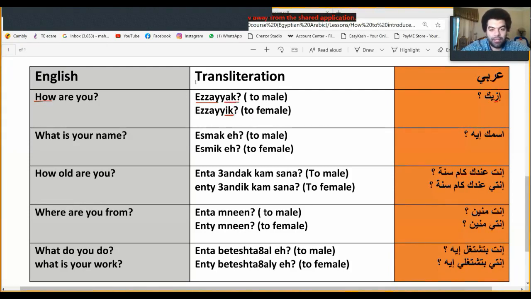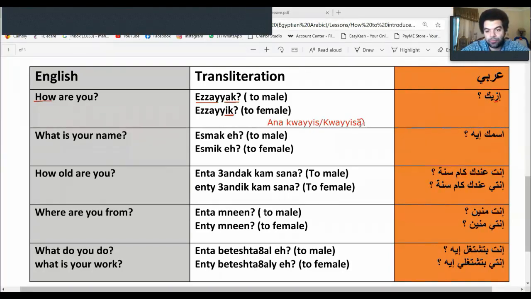So ازيك, and the answer to that is ana, which is I, remember, and then we say كويس. That's if you are a male speaking, answering. If you're female, you say أنا كويسة. أنا كويسة. What's the difference here? We added this a at the end.